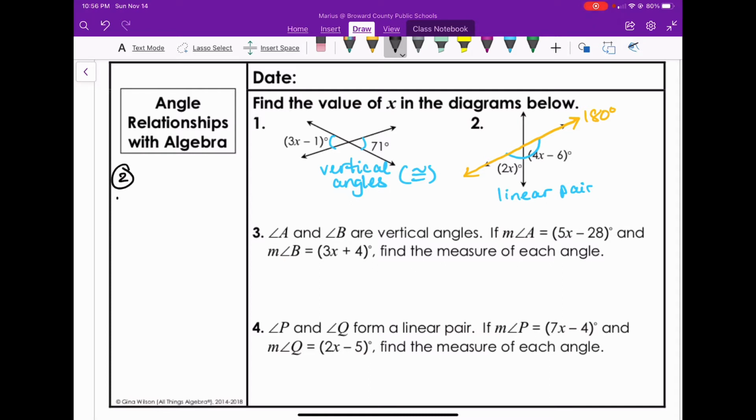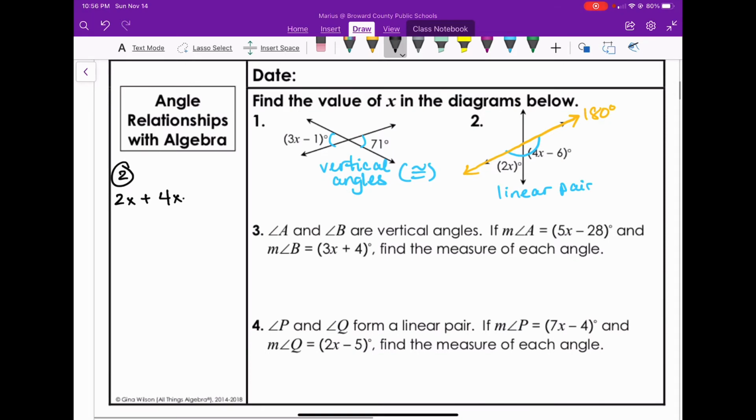We're going to have to say 2x plus 4x minus 6 equals 180. And then we would go ahead and solve for x. Combine our like terms. That would make 6x minus 6 equals 180. Add 6 to both sides. That's going to make 6x is equal to 186.